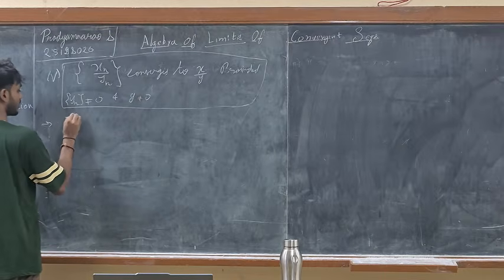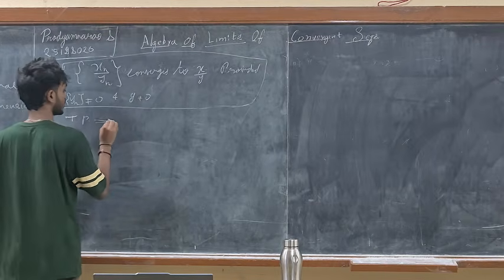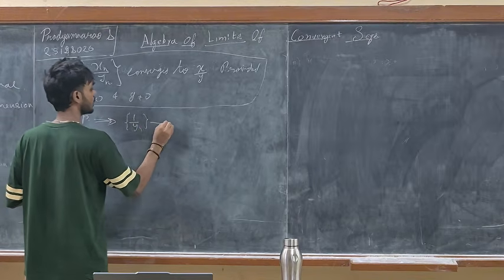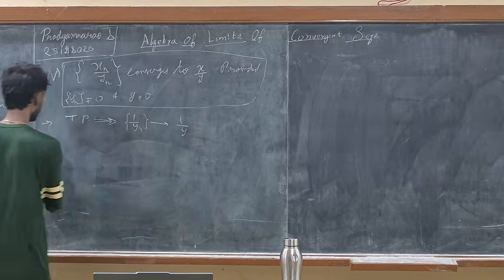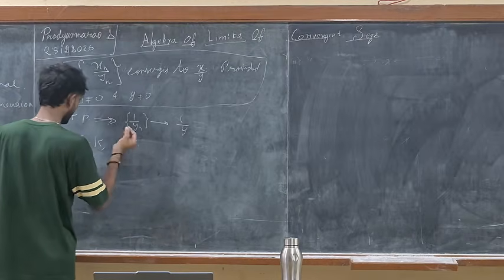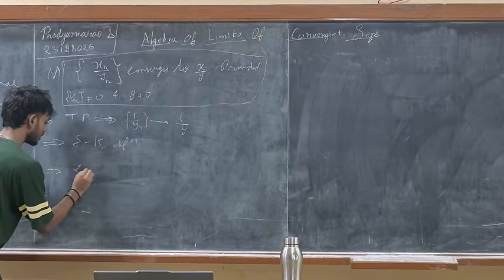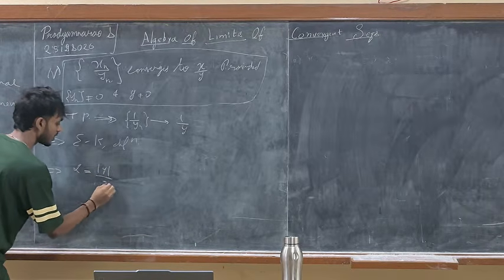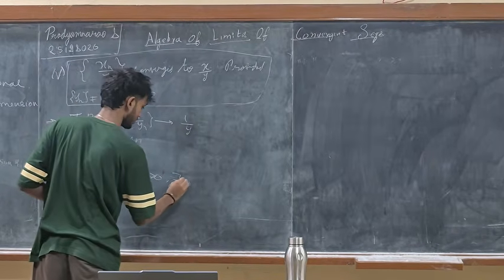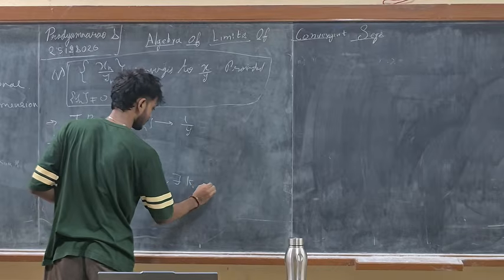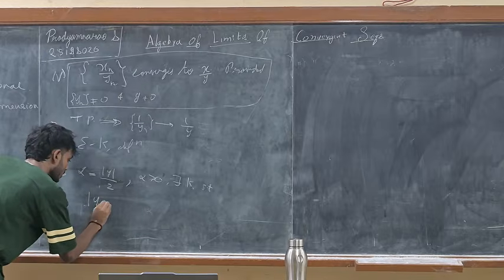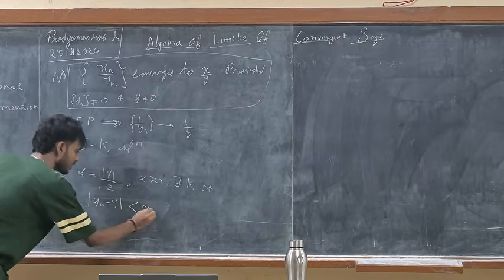First, we have to prove that 1 by y_n converges to 1 by y. So let's again use the epsilon-k definition. Let's define alpha as mod y by 2, saying that alpha is a constant, such that mod y_n minus y is less than alpha.